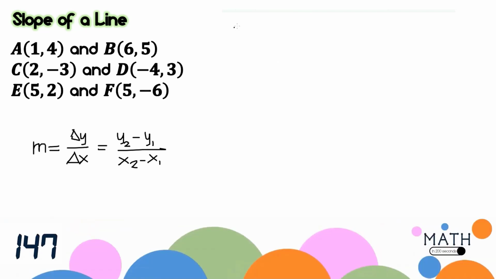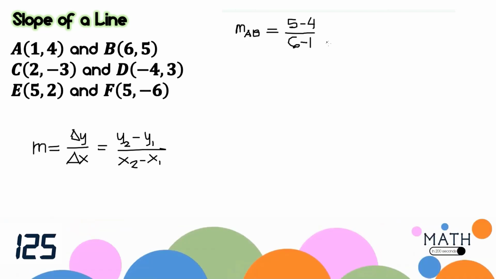Now let us try to get the slope of the line segment AB, or a line containing the points A and B. Let's consider B as our second point. Okay, so to solve for the slope, we'll have the second y coordinate, 5 minus 4, that's for the y coordinates, over 6 minus 1.